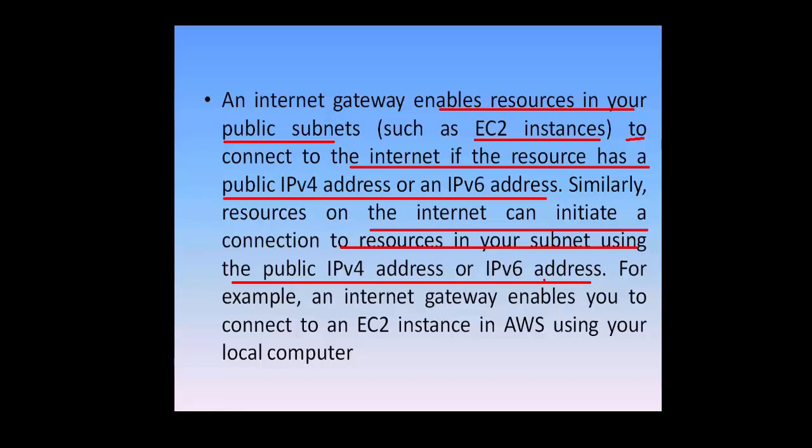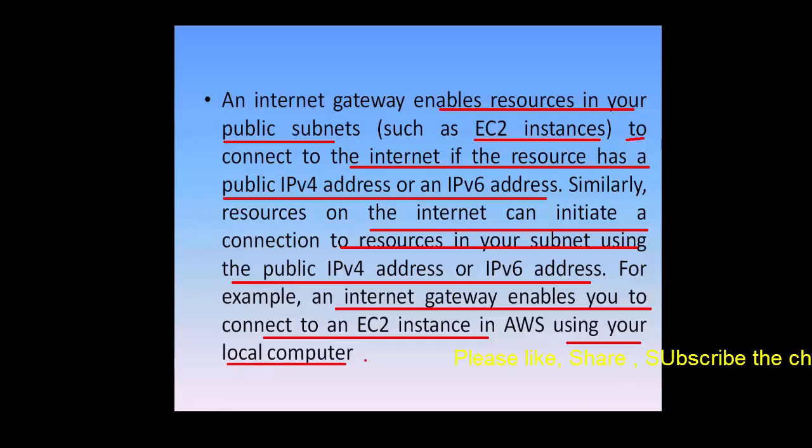It is just to connect that AWS resource to the internet. For example, an internet gateway enables you to connect to the EC2 instance in AWS using your local computer. We have done this practically. If you have watched the complete series, we created one EC2 instance, Windows based and Linux based, and then accessed it from a local computer.